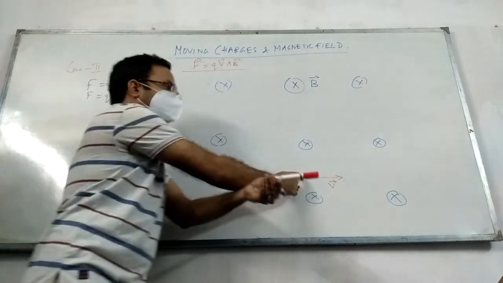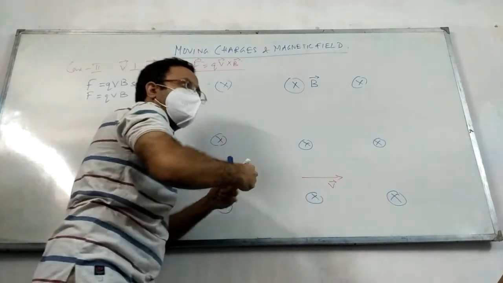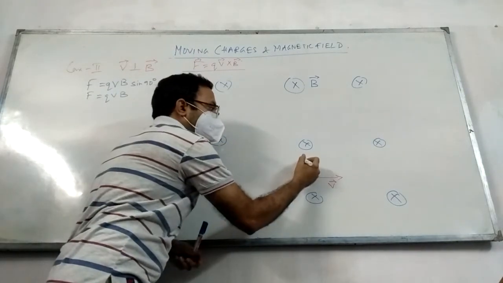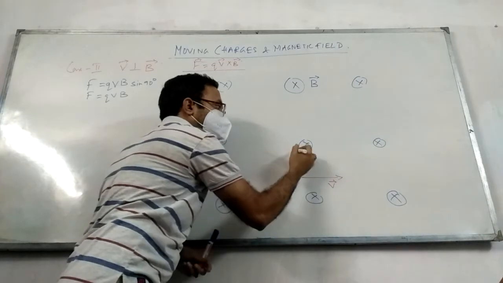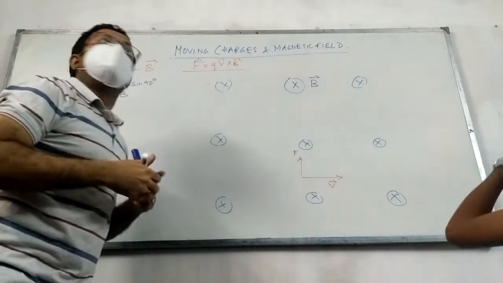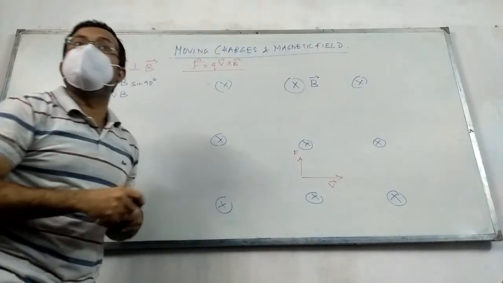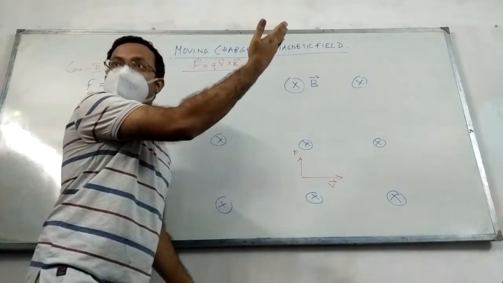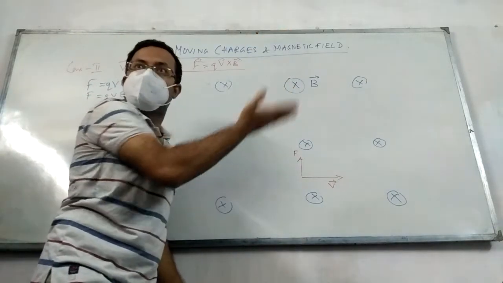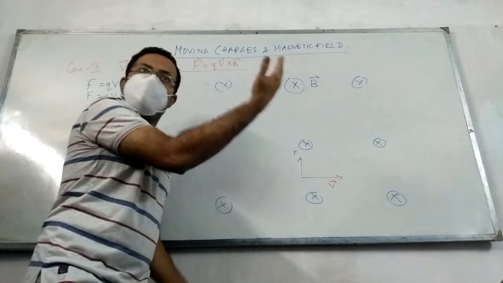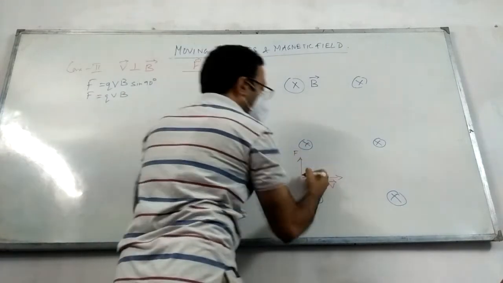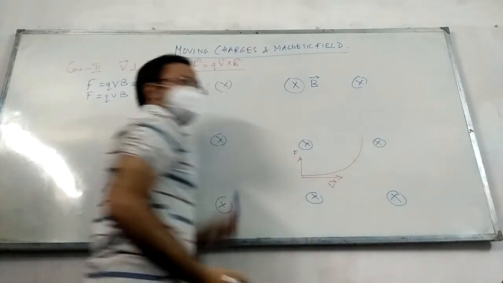At this point, it experiences a force. Will it go straight? No, I am applying a force upward, so it will not go straight, it will get deflected. After deflecting, say it comes to this point.